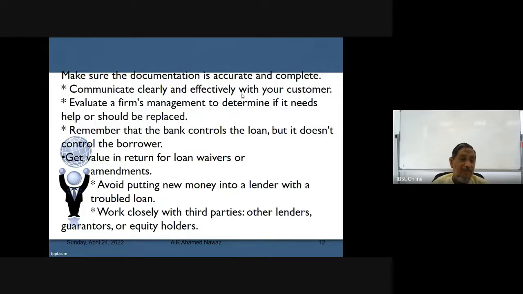Here again, we have internal factors, bank policies, that if a customer defaulted, he will not be entertained for a new facility. So we have to analyze whether it is viable to give a new facility. Work closely with third parties, other lenders, guarantors, equity holders, stakeholders, to recover our position.